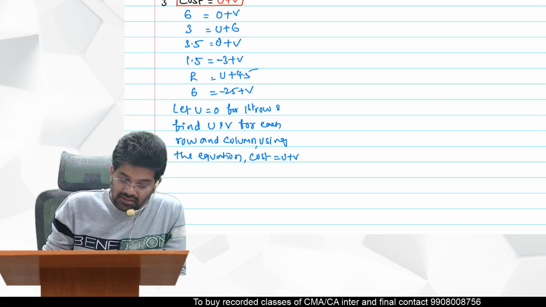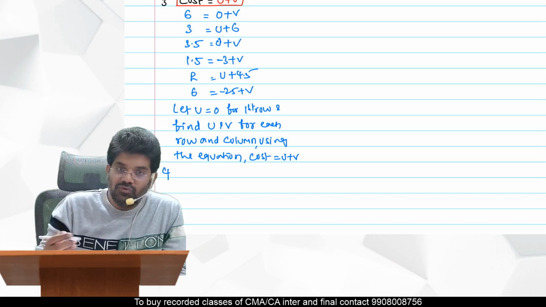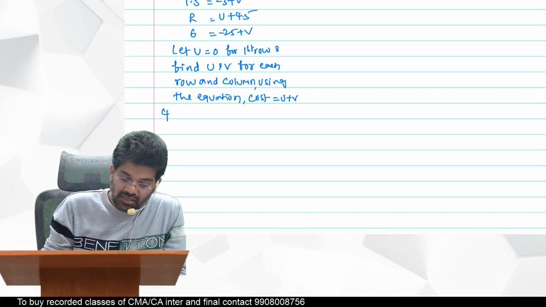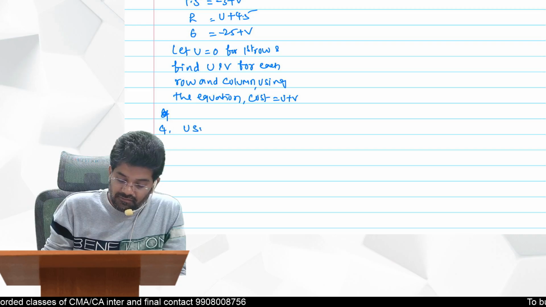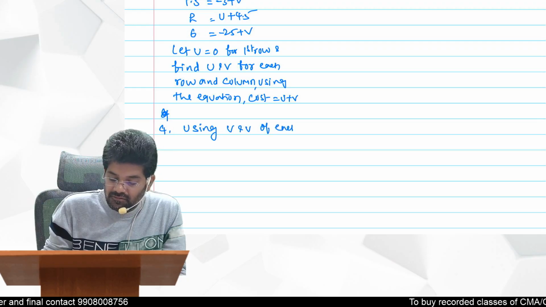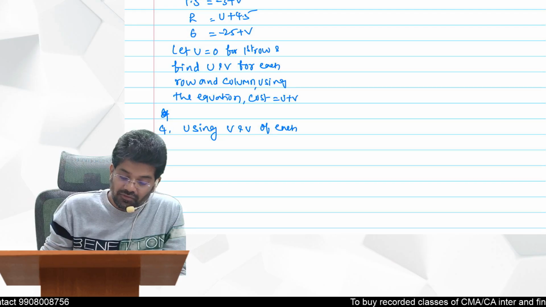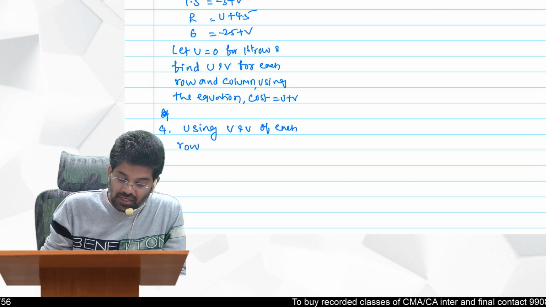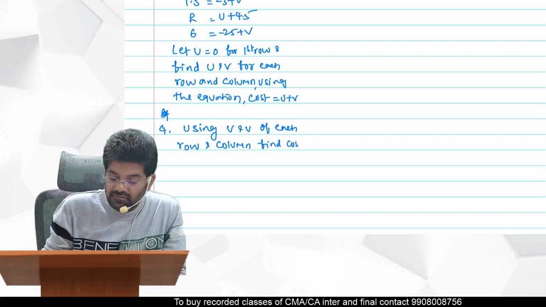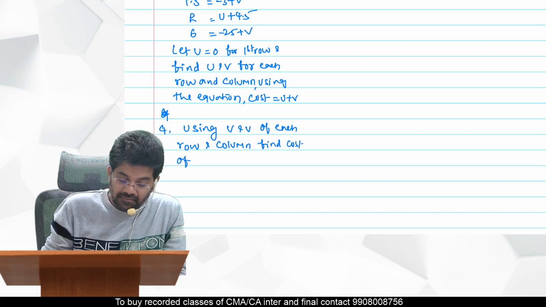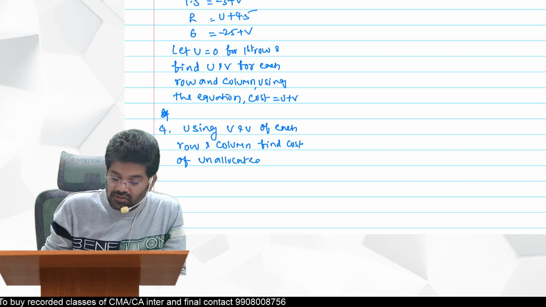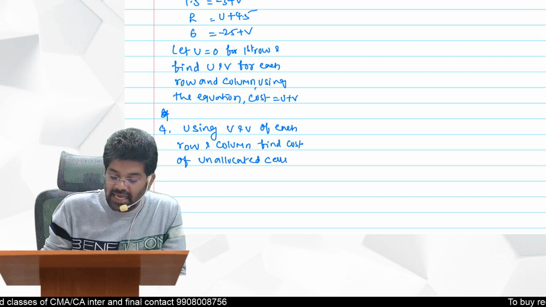Okay, then once you get the u value and v value, you can get the cost for unallocated cells. First you get u and v, then using u and v of each row and column, find the cost of unallocated cells, that is, the blank cells.